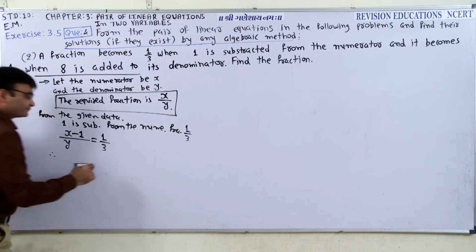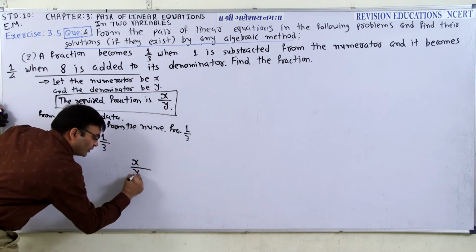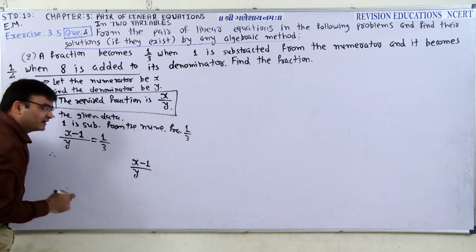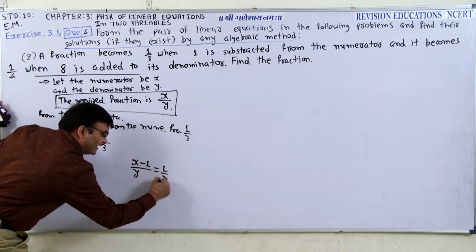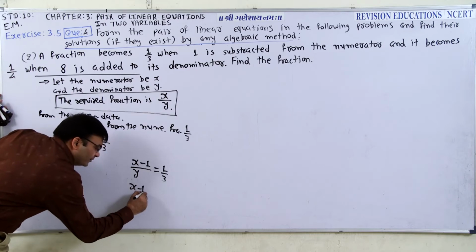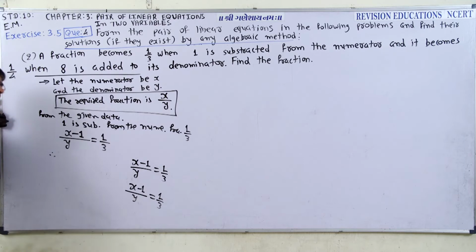Once again, this is our original fraction. 1 subtracted from the numerator, we got 1 by 3.